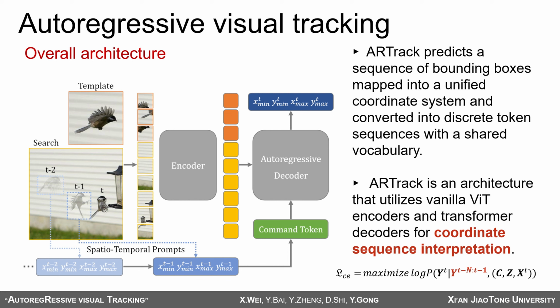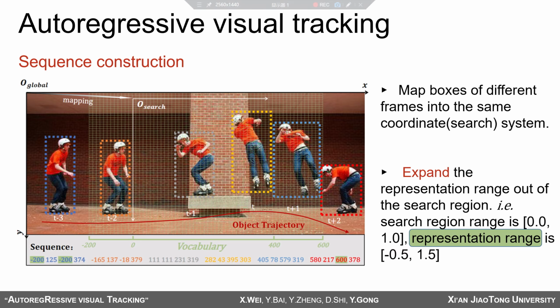We introduce a tracking framework named AR-Track, which comprises the following key components: sequence construction, network architecture, and objective function. For sequence construction, we employ a discretization approach to represent continuous coordinates, eliminating the requirement for a large number of parameters. Each coordinate is discretized as an integer value within a specified number of bins.